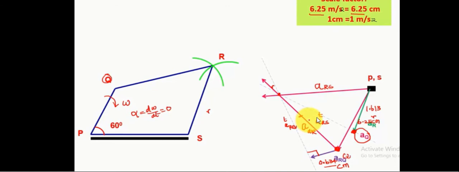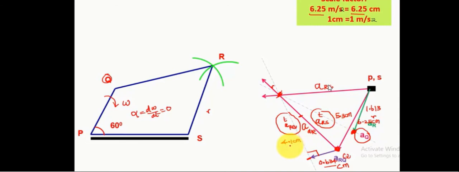From that diagram, you can measure ATRQ to get the tangential component of RQ and ATRS to get the tangential component of RS. And if you measure it from there to there, you will get a length of 4.1 centimeter, that will represent 4.1 meter per second square according to our scaling, and the other one will be 5.3 centimeter, that will be 5.3 meter per second square.